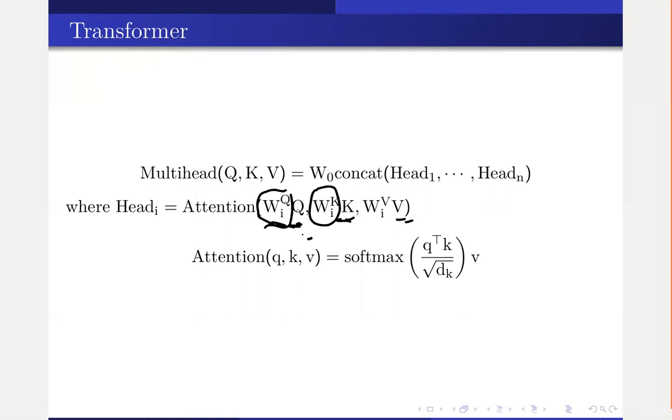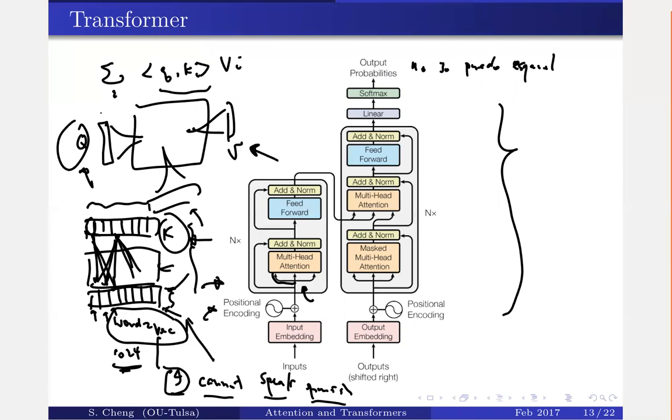That will be our Q, K, and V. But then they will be multiplied by a different W. I have WQ as my Q, WK as my K, and these W's are different.